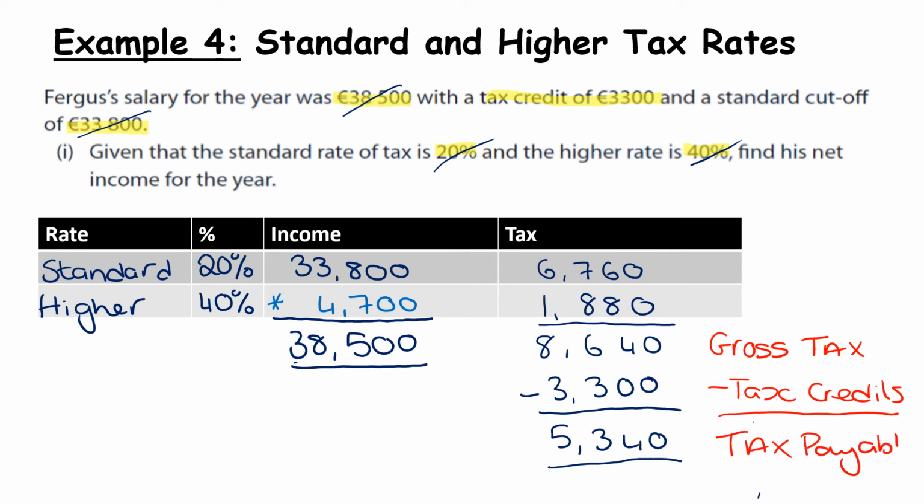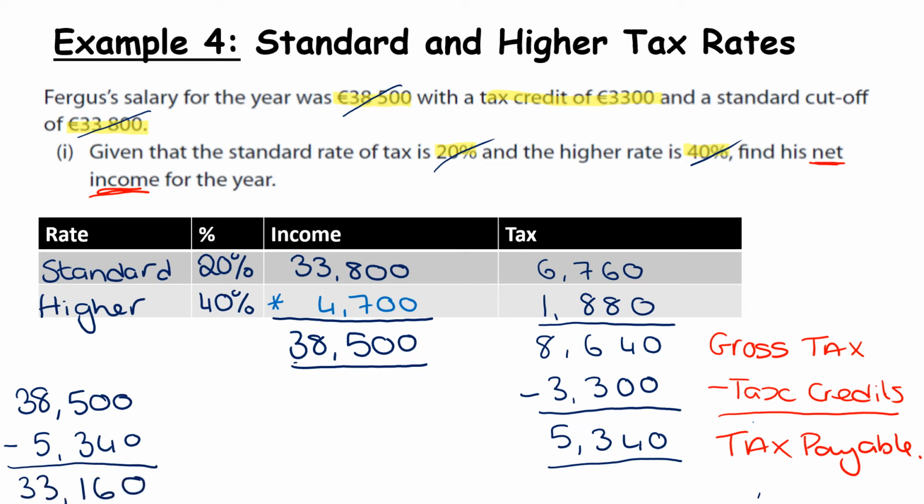Now, all the questions up to now have been about that. However, this question was find his net income. So to do that, we take the gross income, which was 38,500, and we take away the tax he has to pay, which is 5,340, and that gives us 33,160.